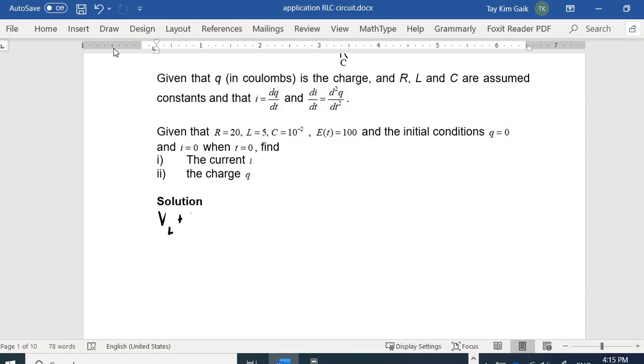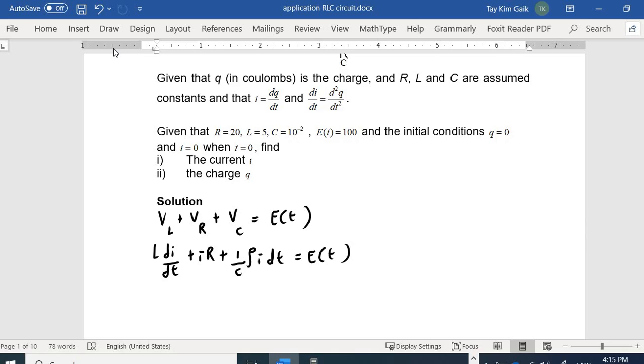VL plus VR plus VC equal to E(t). So VL is L dI/dt, VR is IR, VC is 1 over C integral I dt, equal to E(t).